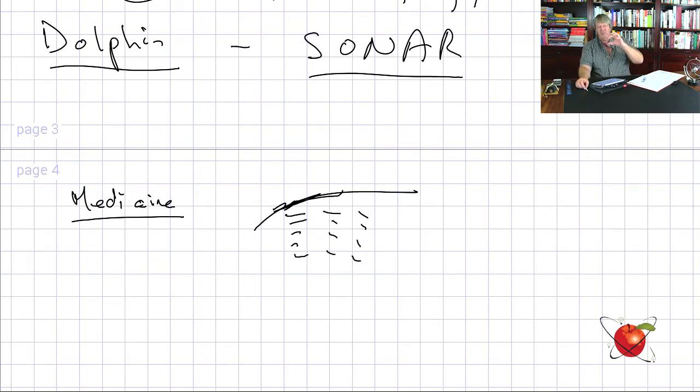Because as they're moving it, remember the bat was listening, and these waves are coming back all the time. This is picking up different bounce back times. So it's telling me this is close, that's far. So it can build up a three-dimensional picture of what is actually happening inside there.